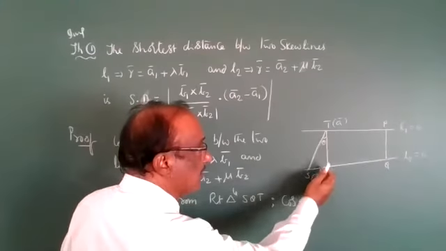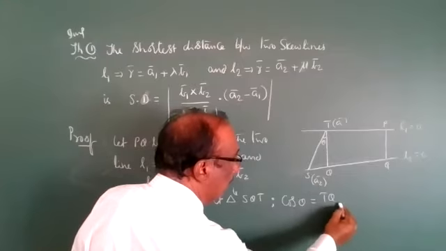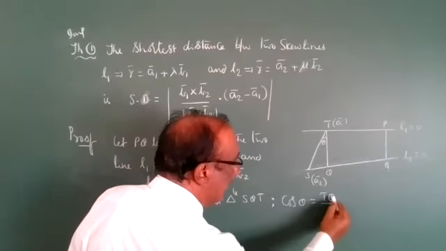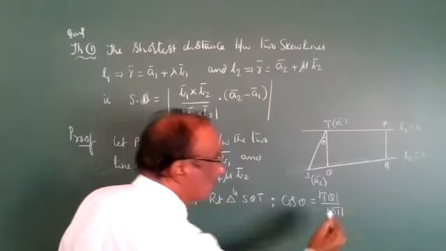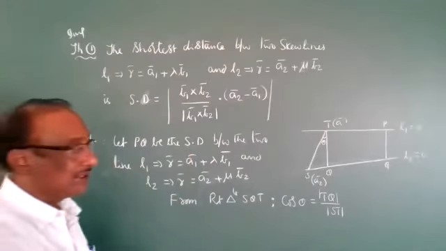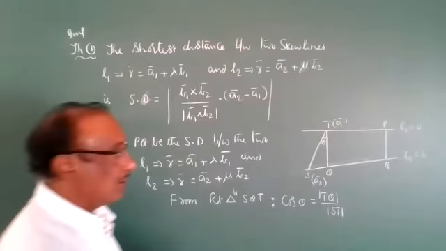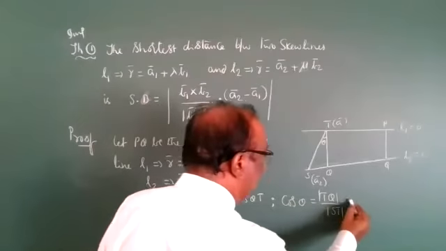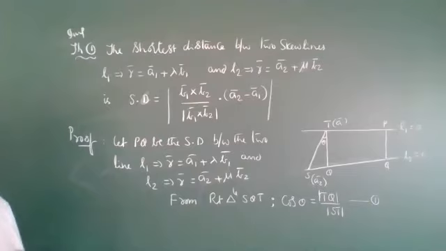Opposite side is SQ, adjacent side is PQ, hypotenuse is ST. So now cos theta is equal to PQ by ST. I represent the cos theta value. Let it be equation number 1. Okay? Next.